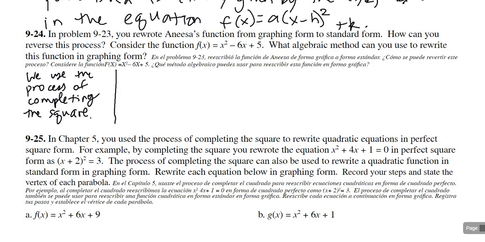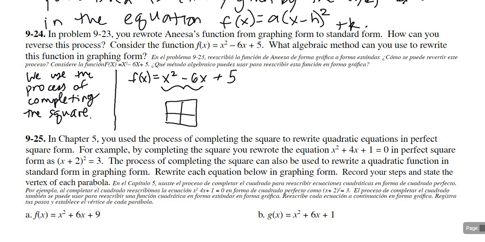Okay, I start with f of x equals x squared minus 6x plus 5, and then I need to make this part into a square.